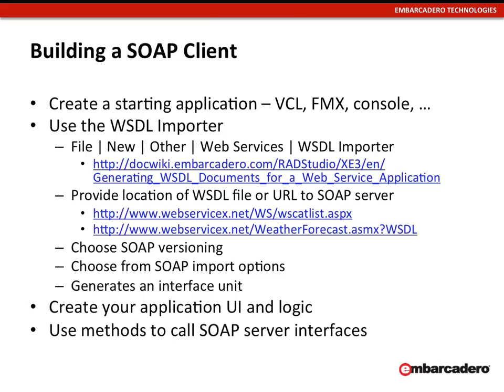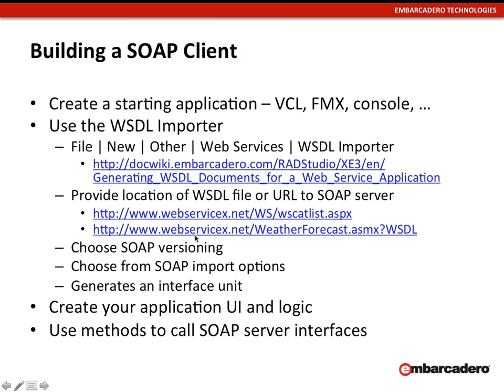Now, using the WSDL importer, which is under File, New, Other, and then under the web services on the client applications, you'll be able to see a link to the WSDL importer. You can then import the service using the URL that we've got.